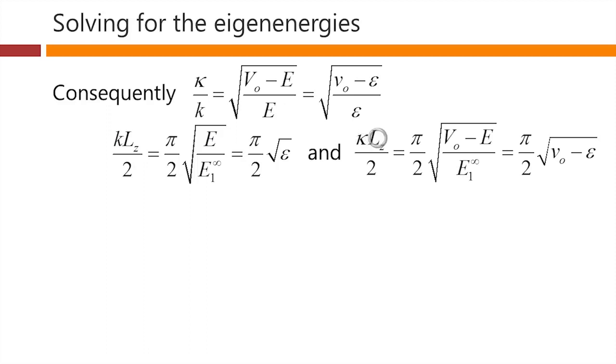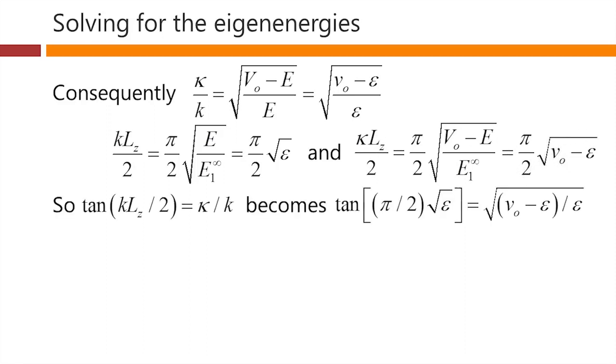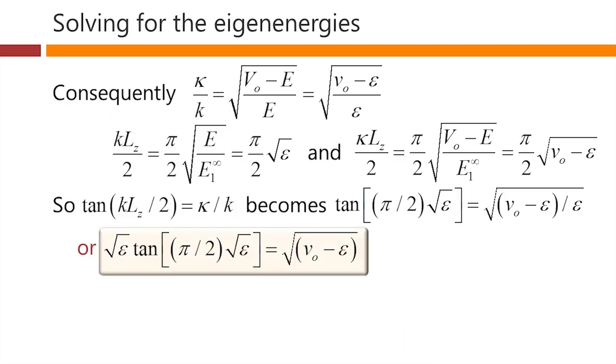And for kappa Lz over 2, again, similarly, we would write that as pi over 2 times the square root of nu naught minus epsilon. So this tangent equation, tan(k Lz over 2) equal to kappa over k, becomes tan of pi over 2 times the square root of epsilon equal to the square root of (nu naught minus epsilon) over epsilon. Or we will rewrite that, for a reason that will become apparent quite soon, in the following form.